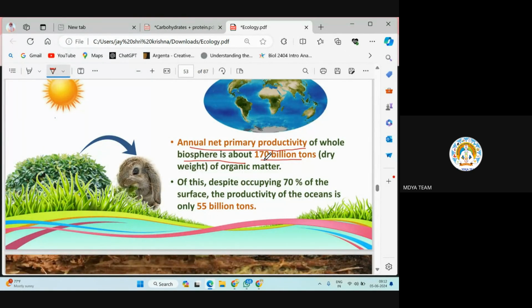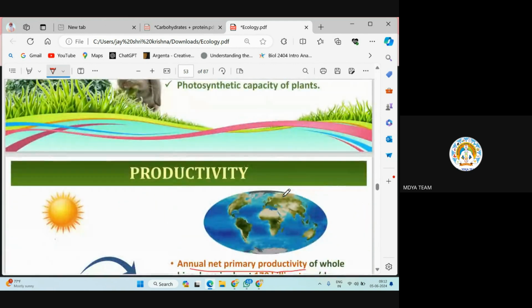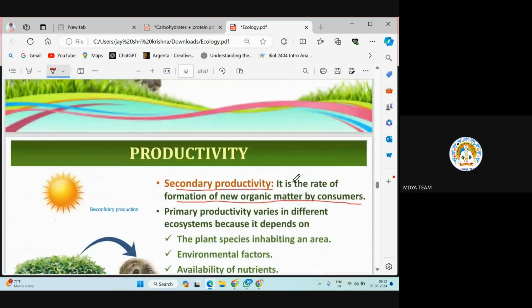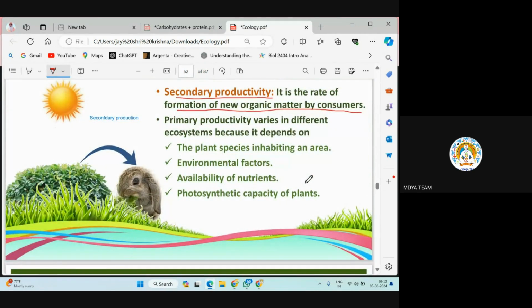And out of this 170 billion tons, only 55 billion tons is produced in ocean, the remaining is produced on land. So don't confuse in this. The total energy or biomass the plant is producing is called gross primary production or gross primary productivity.